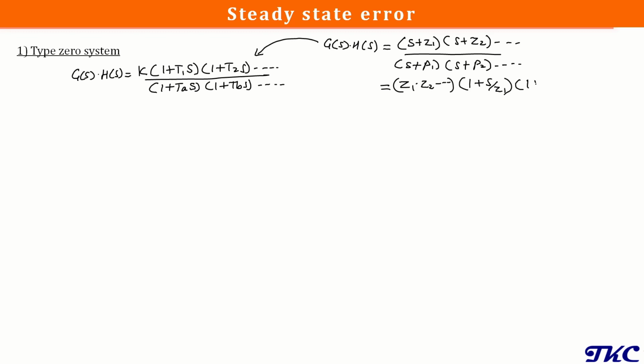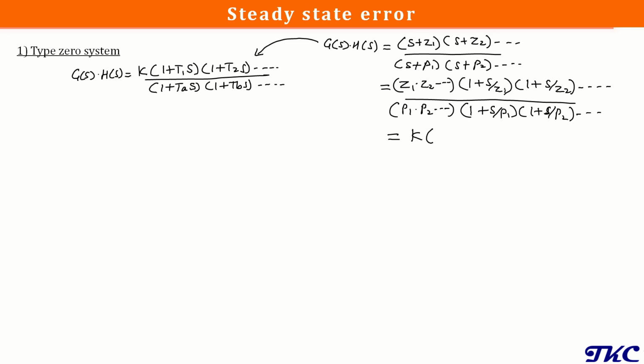So we will have 1 + s/z2 and so on, divided by p1 into p2 and so on, with brackets 1 + s/p1, 1 + s/p2, and so on. Here z1 z2 divided by p1 p2 and the other terms we can treat as a constant. So we can write this as K in the numerator, and 1/z1 and 1/z2 we can write as T1 and T2.